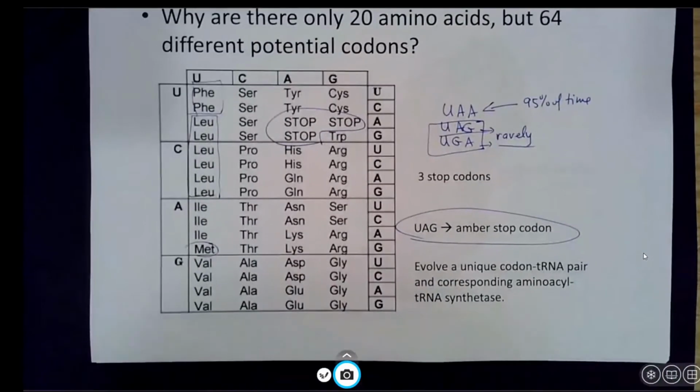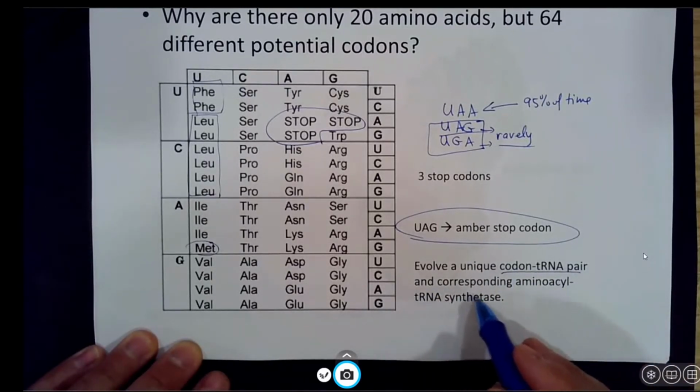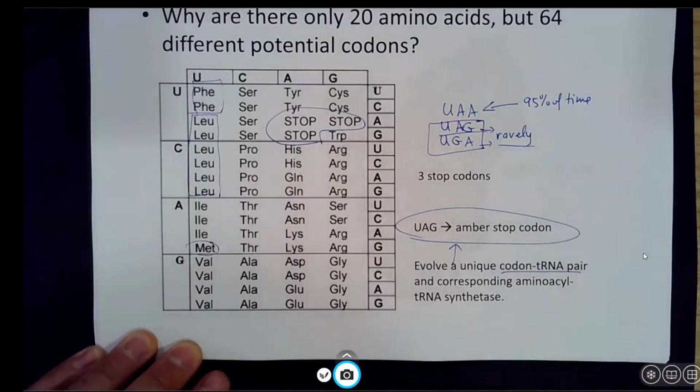Maybe you can think of it like an orange light. Since it's rarely used, could we evolve a unique codon-tRNA pair and corresponding aminoacyl tRNA synthetase for this amber stop codon? Could we find a way to actually use it since it's so infrequent?